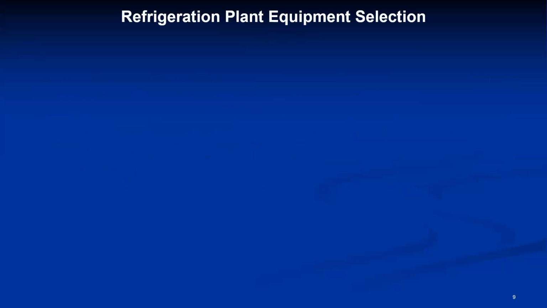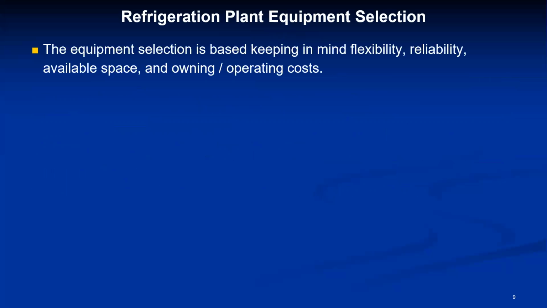Then the equipment selection is based on keeping in mind the flexibility, reliability, available space, and operating and capital cost. So these are the factors to be considered while selecting the refrigeration equipment.